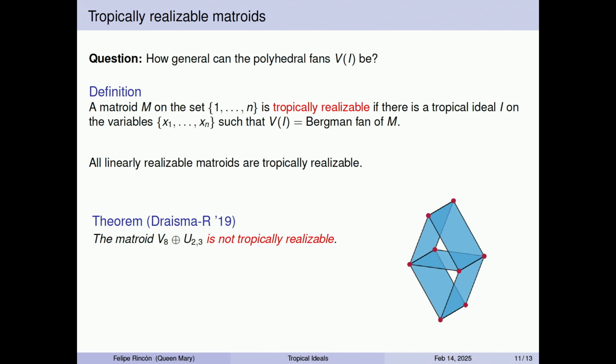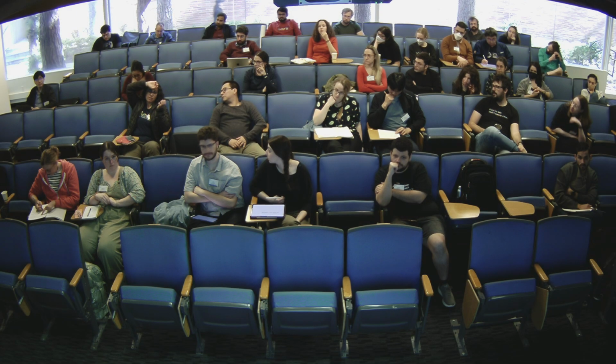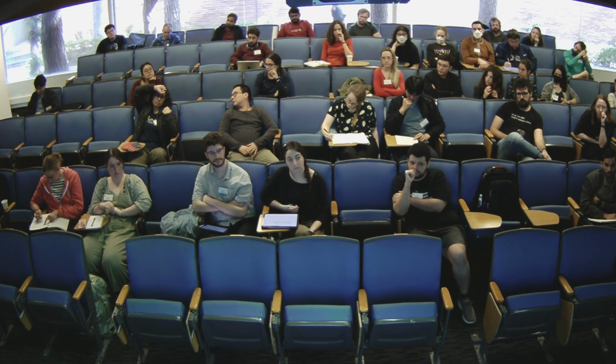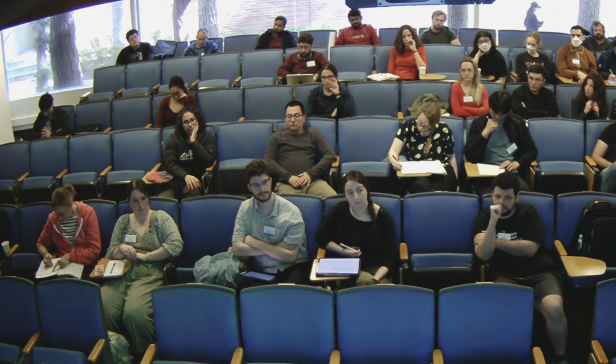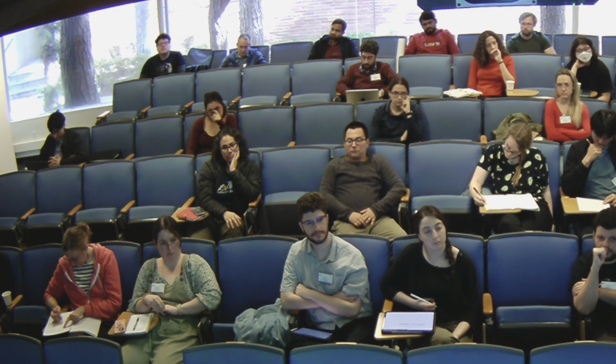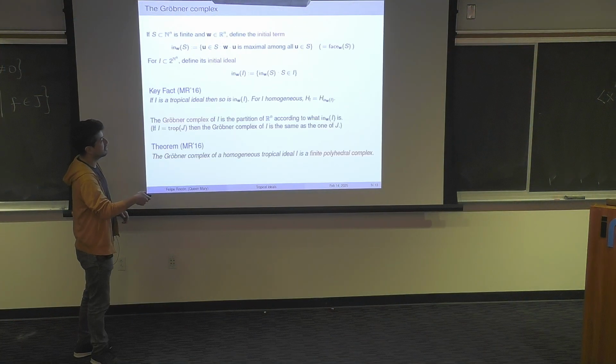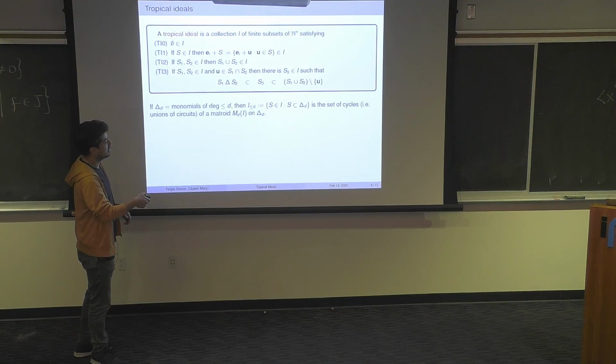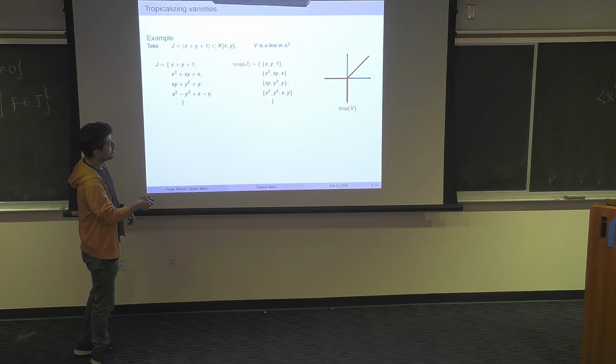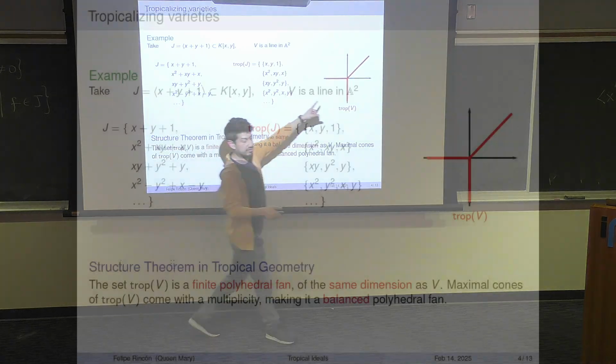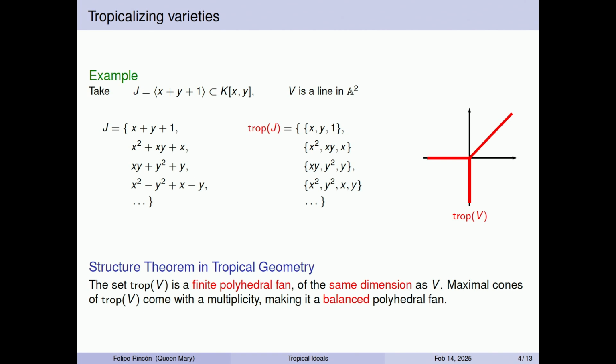So U23 is tropically realizable. That's right. Thanks for that question, here is a tropical ideal that realizes U23. This is the Bergman fan of U23, and here is a tropical ideal whose variety is the Bergman fan of U23.